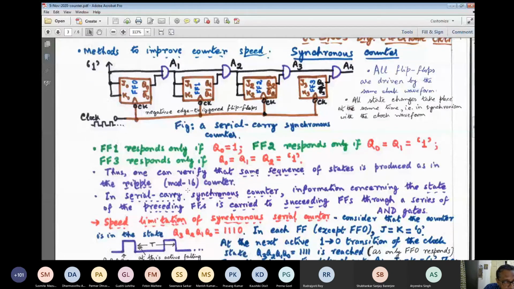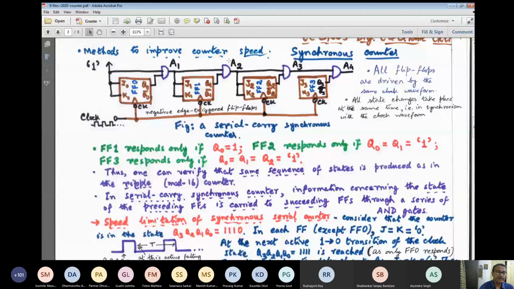Now, it is called a serial carry synchronous counter because information concerning the state of the preceding flip-flop is carried over to the succeeding flip-flops through a series of AND gates. The state of this flip-flop is carried over to the next flip-flop, and then to FF2. That takes place serially, through this AND gate first, then the next.